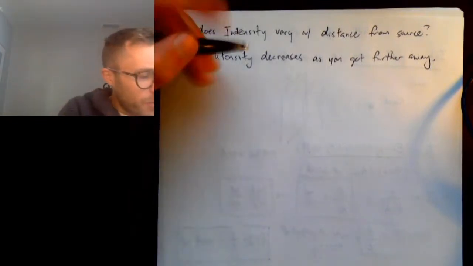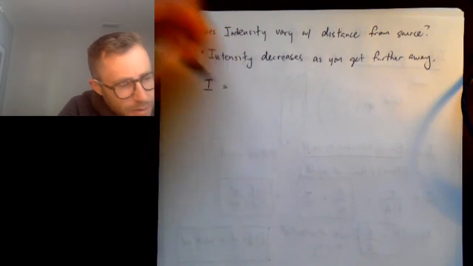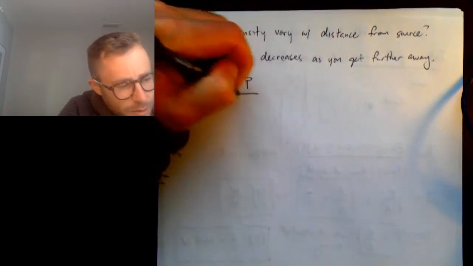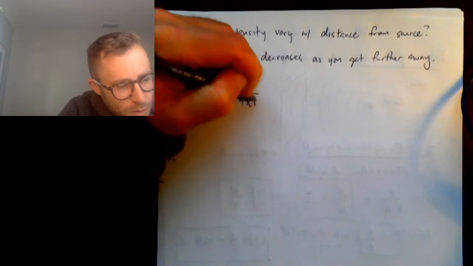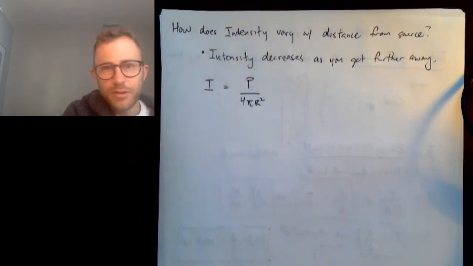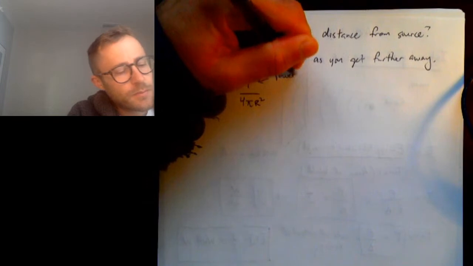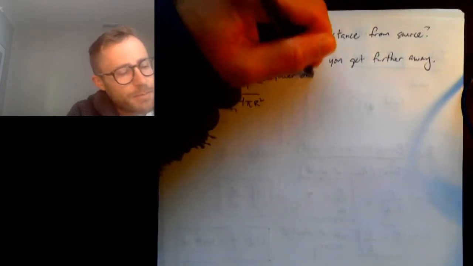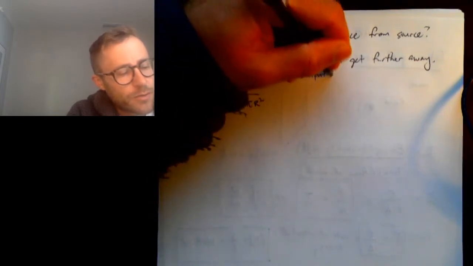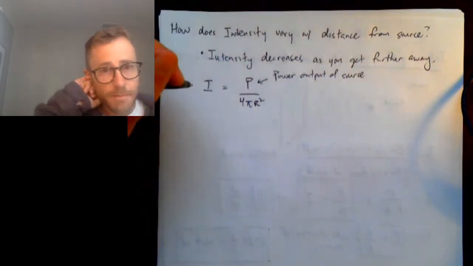So there's a nice formula. It says that the intensity is P over 4 pi R squared. Make that capital R, I think that's easier to read. So P is the power output of the source. Okay.